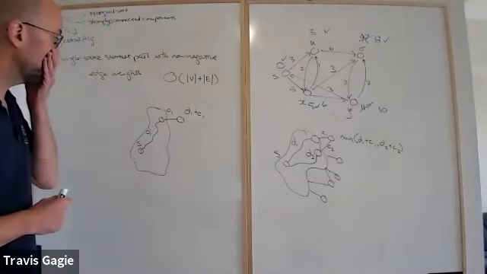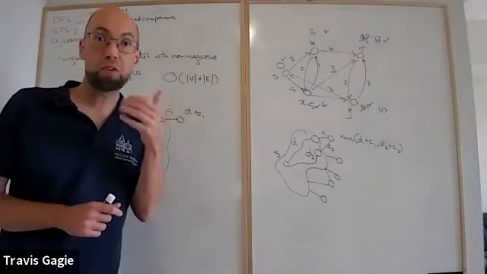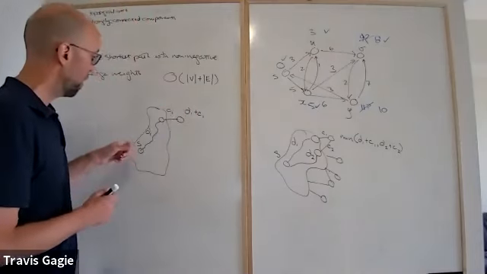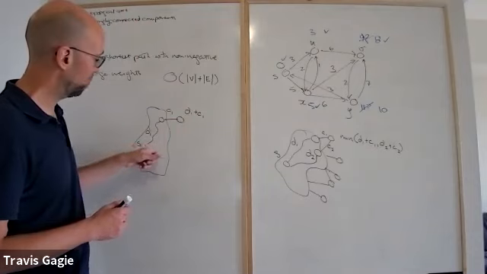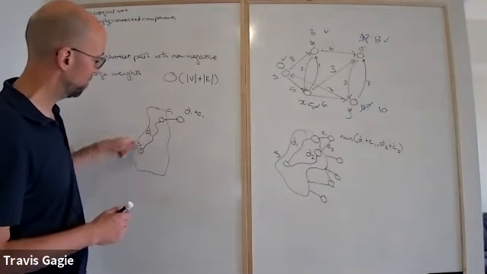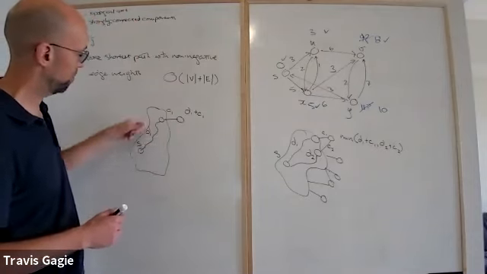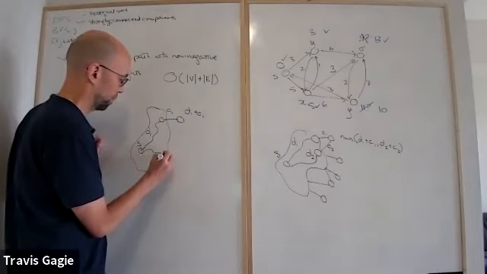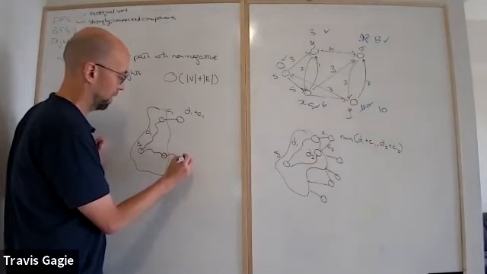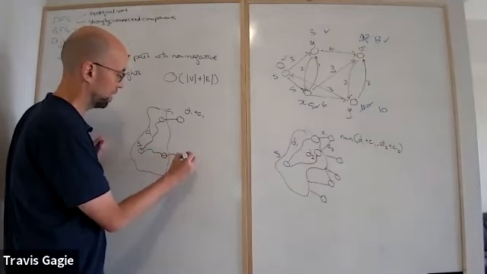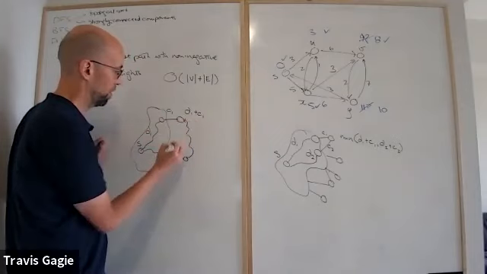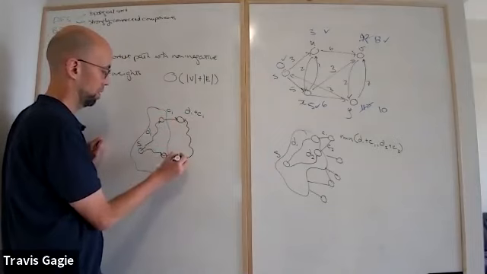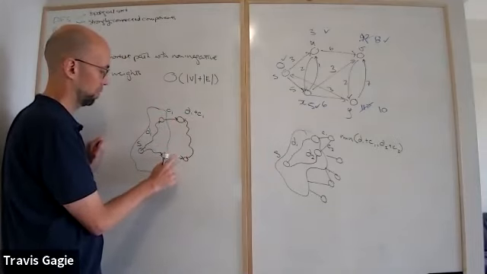Suppose there were a way to get there that's cheaper. Well, that way at some point would have to leave this set of correctly labeled vertices, and then there would be a directed path. This shouldn't be a waving line.